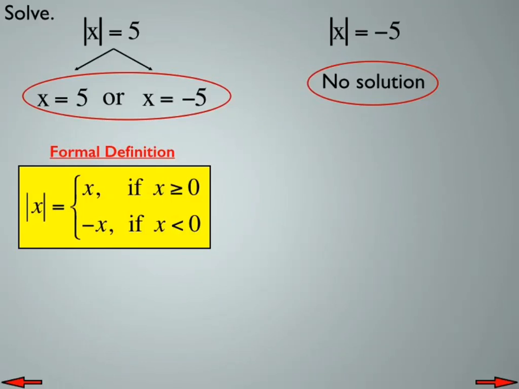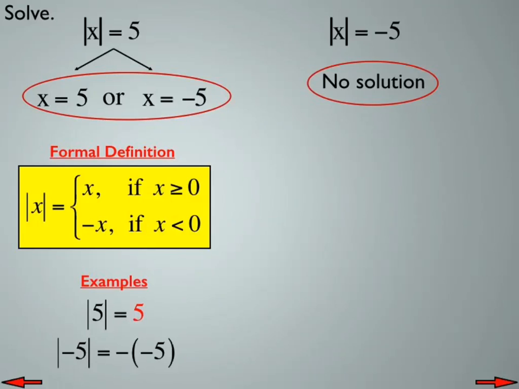So once again, this is just the formal definition of what absolute value means. A couple of examples here. The absolute value of 5 is 5. The number that was inside the absolute value bars was 0 or bigger, so the answer was just the number itself.